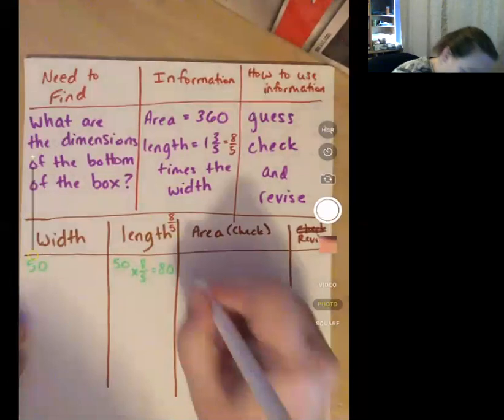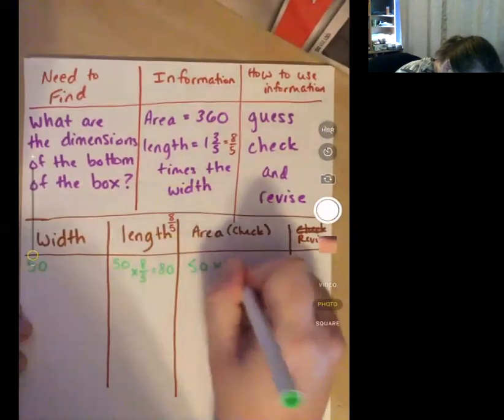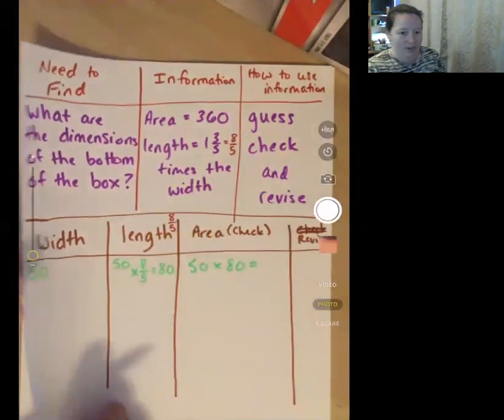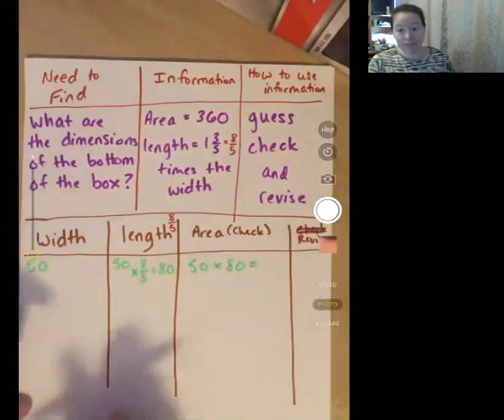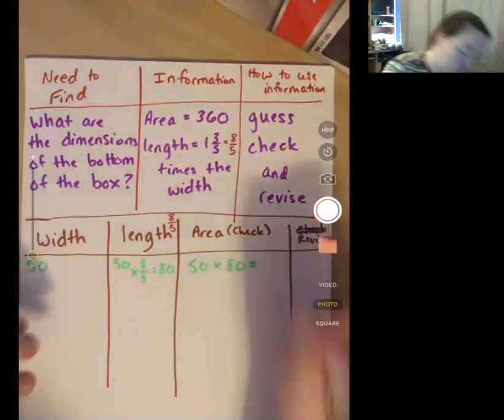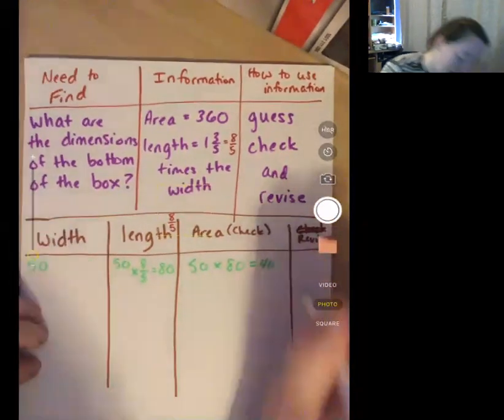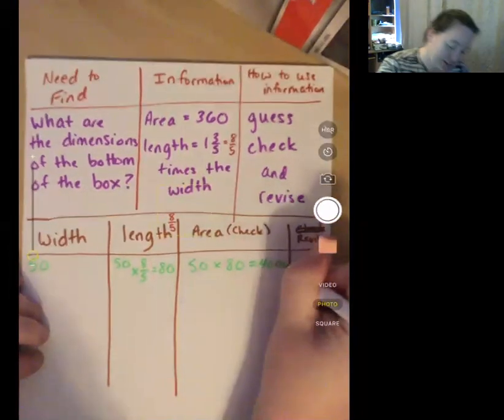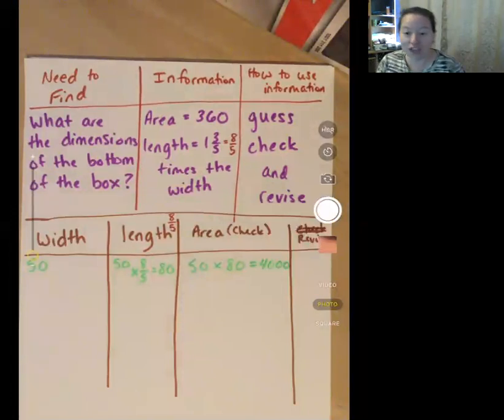So our area is going to be 50 times 80. Let's talk about it this way. What is 5 times 8? 40. And then I have 2 zeros. So I ended up with 4,000.